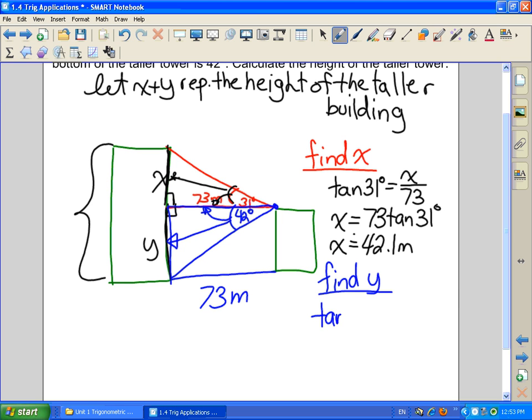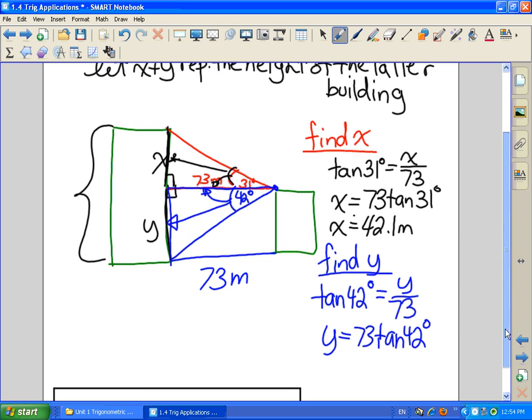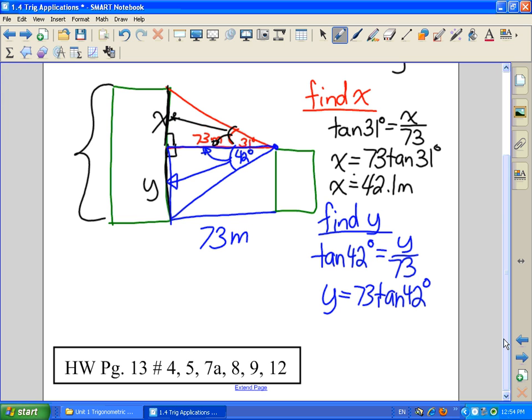So tan of 42 degrees equals y divided by 73. Cross multiply, y equals 73 times tan of 42 degrees. Plug that in your calculator, folks, and you should get approximately 65.7 meters.